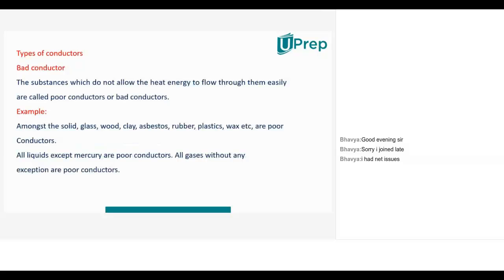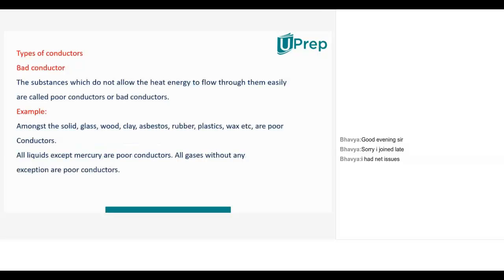Among solid substances, glass, wood, clay, asbestos, rubber, plastic, wax, etc. are poor conductors. That means they will not allow the heat energy to pass through very easily. Very little transfer of heat energy will be there in these solid substances.